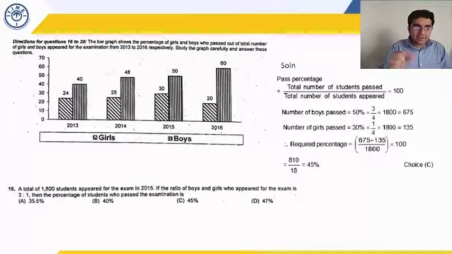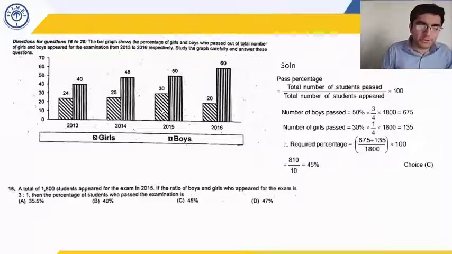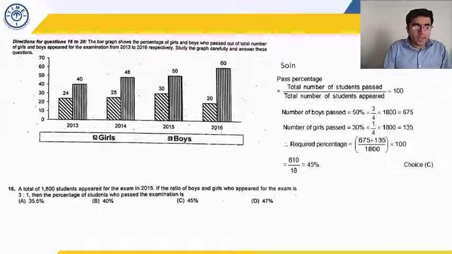So 180 divided by 400 into 100. That's 180 divided by 4. That's 45%. I want you to write this in your copy as method number 2. Let the number of boys and girls be 300 and 100 respectively.